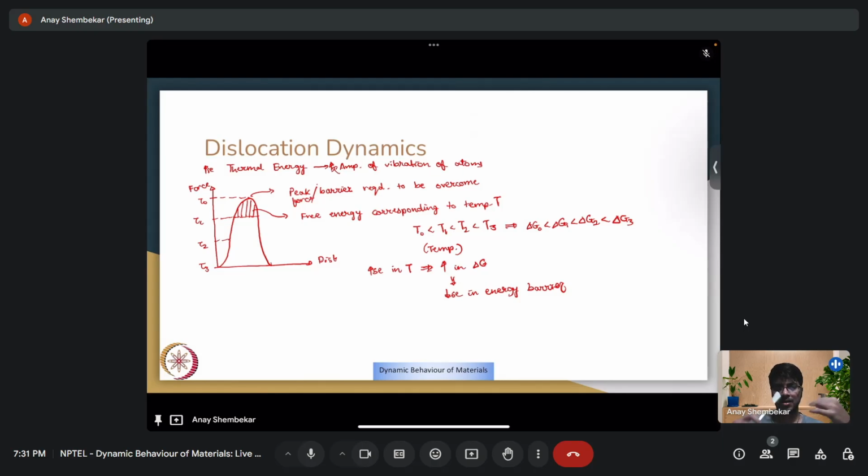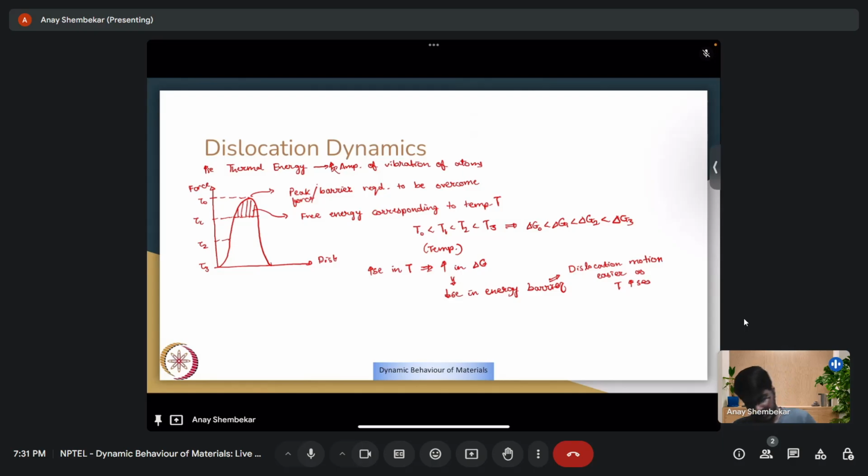Because the energy barrier has effectively decreased, our dislocation motion has become easier, which implies dislocation motion is easier as temperature increases.